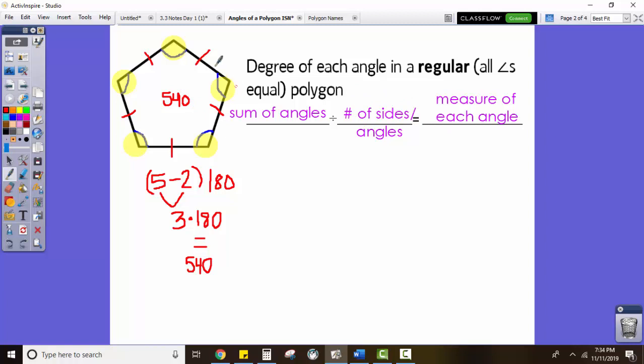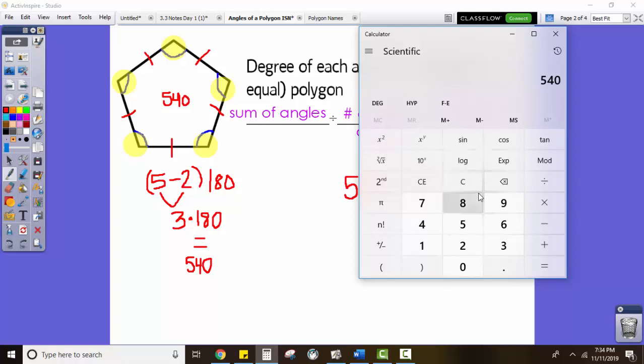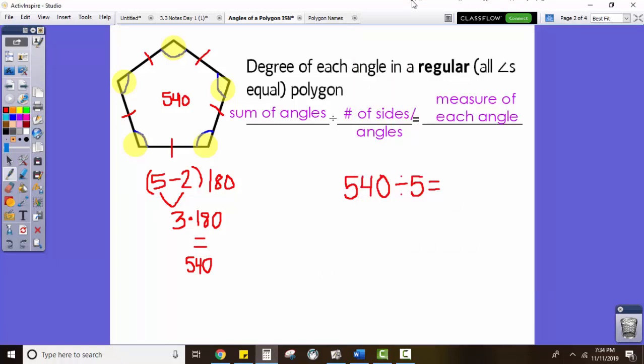Well, there's 5 sides here, 5 angles that I have to split this 540 degrees into. So I'll start with my 540 degrees, my total, and divide it by the number of angles. There's 5 of them. And if I do 540 divided by 5, that equals 108.